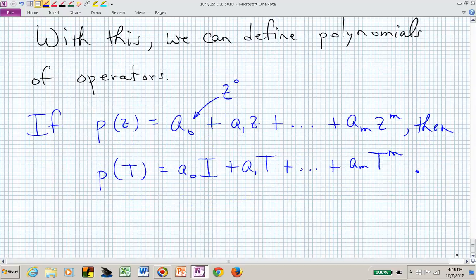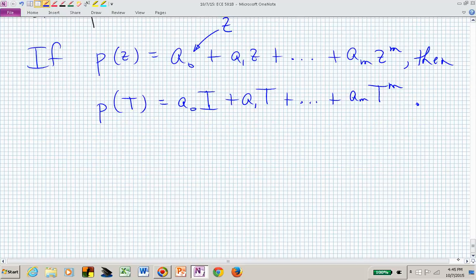That's how we can express a polynomial of a linear map. Given a polynomial, you can now produce a matrix polynomial, or a linear map in terms of polynomials.